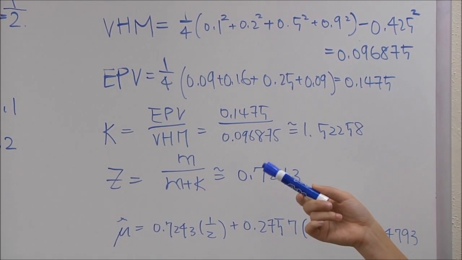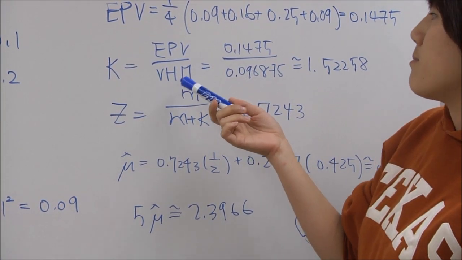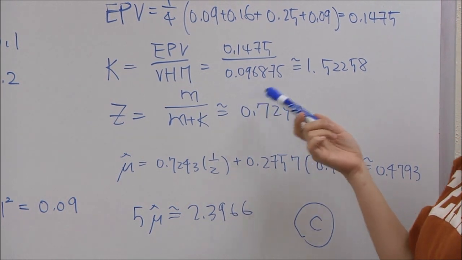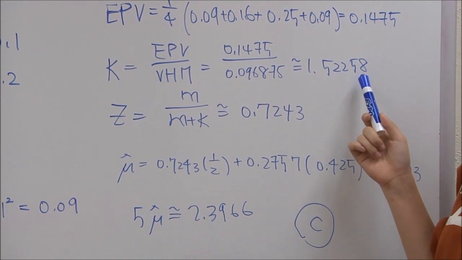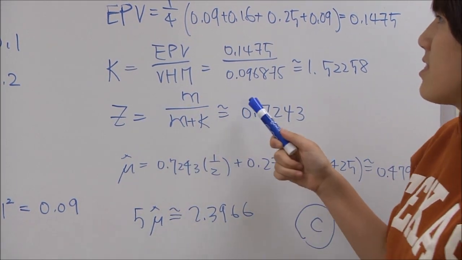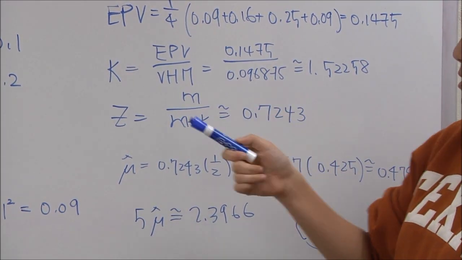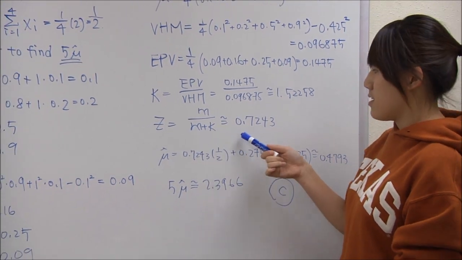And then K will equal EPV divided by VHM, which you'll get 1.52258.